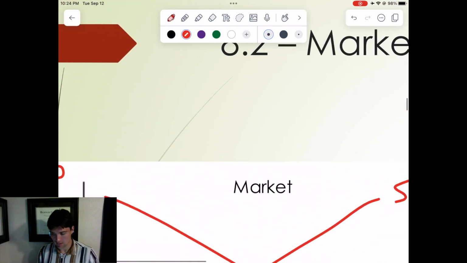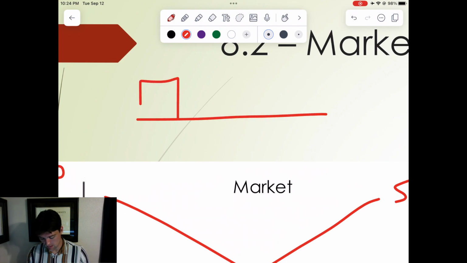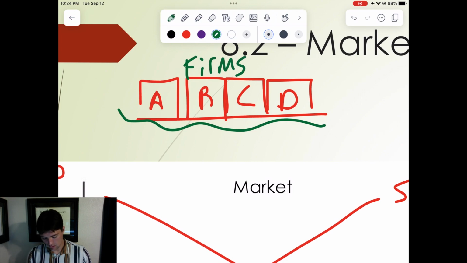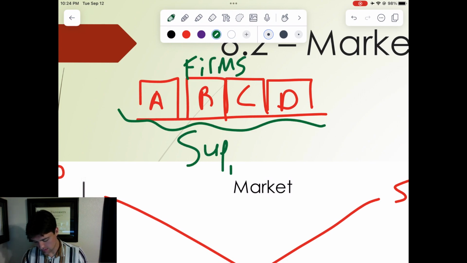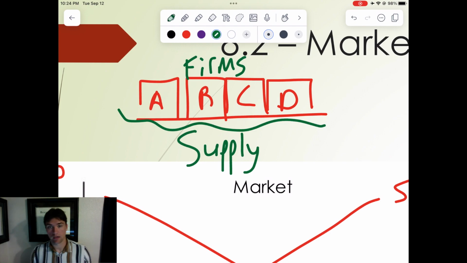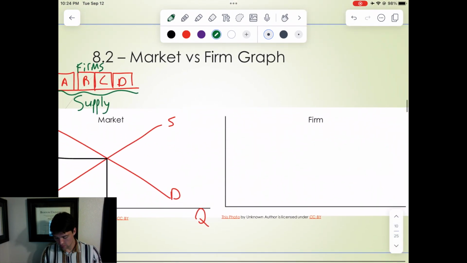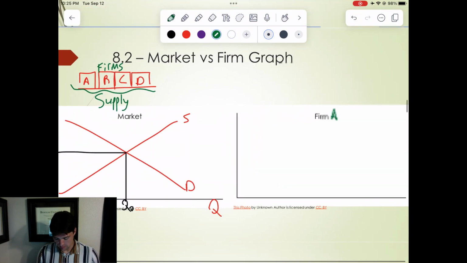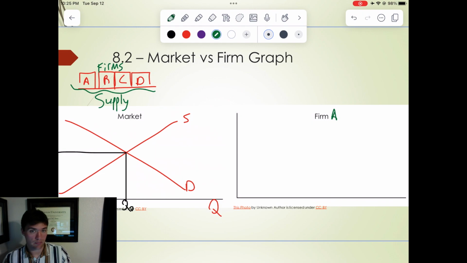So if we had the street, we had firm A, B, C, and D. All of these firms are the supply. But A is a firm, B is a firm, C and D are firms. So therefore, this would be firm A. Let's just do firm A.